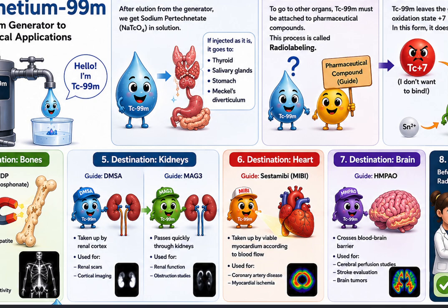From the beginning. Technetium-99m is obtained from molybdenum-99 in a Technetium-99m generator, after elution with normal saline. We obtain sodium pertechnetate, which contains Technetium-99m in solution.